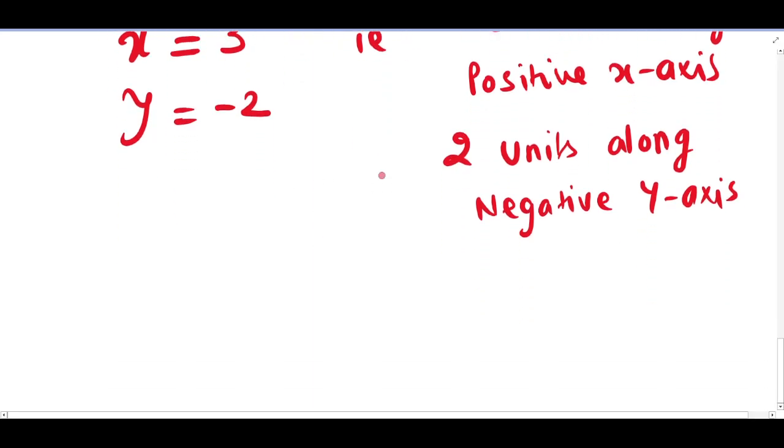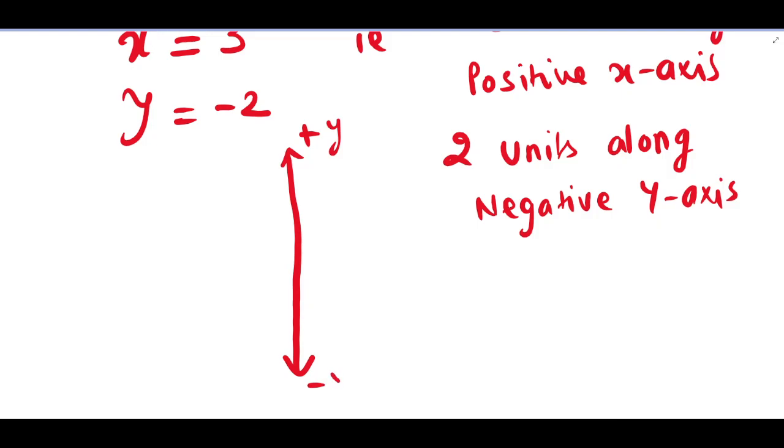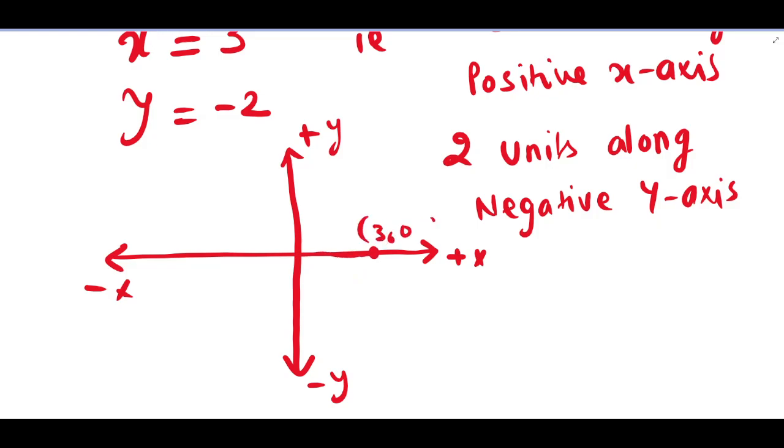Therefore the point will look like so. This is the y-axis, this is positive y, and this is negative y, and this is the x-axis, this is positive x, and this is negative x. So 3 units along the positive x-axis, so we have this point 3, and 2 units along the negative y-axis.